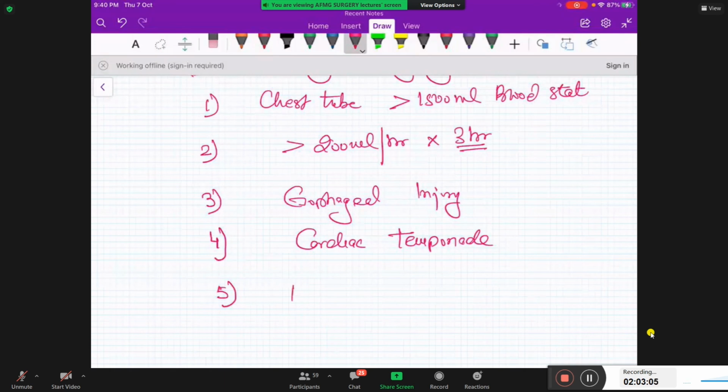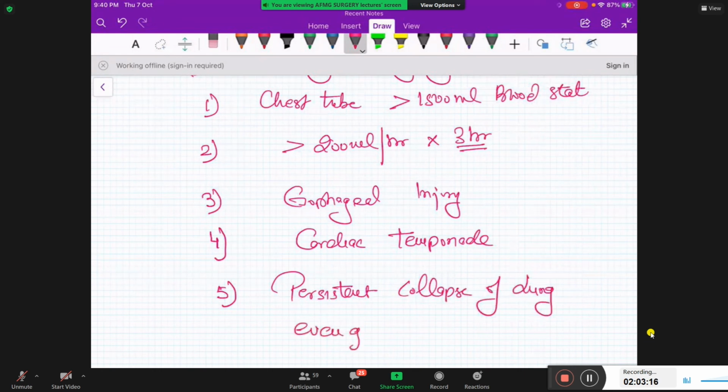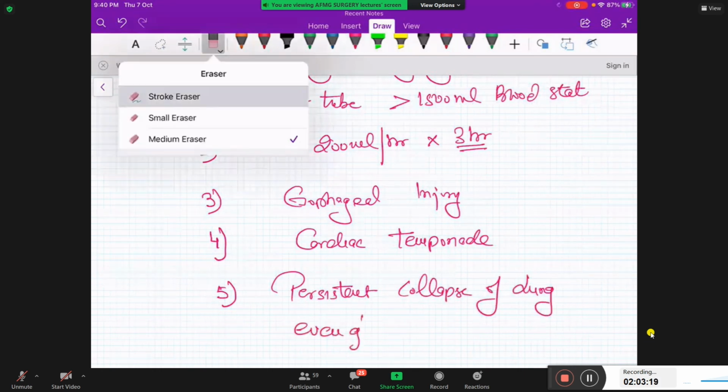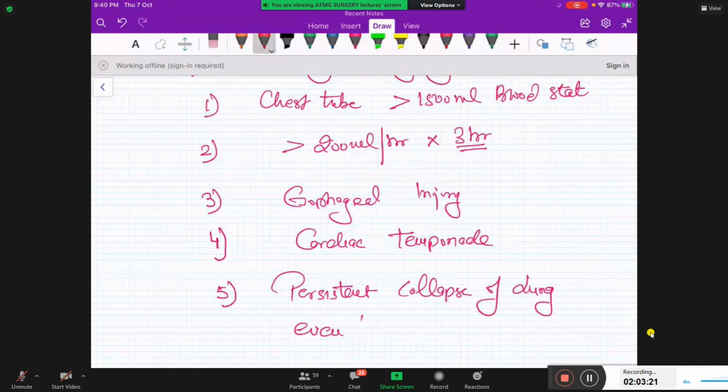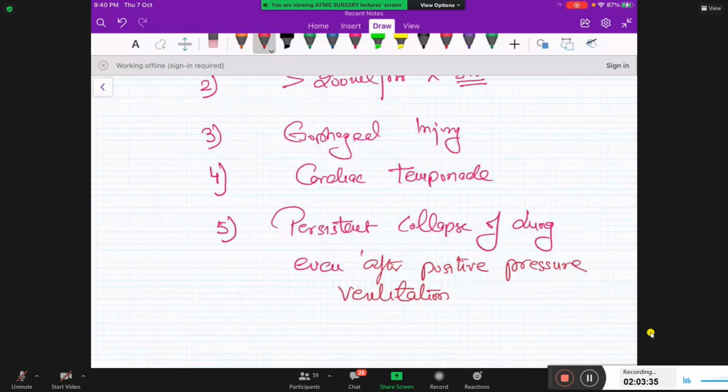Fifth, persistent collapse of lung even after positive pressure ventilation.